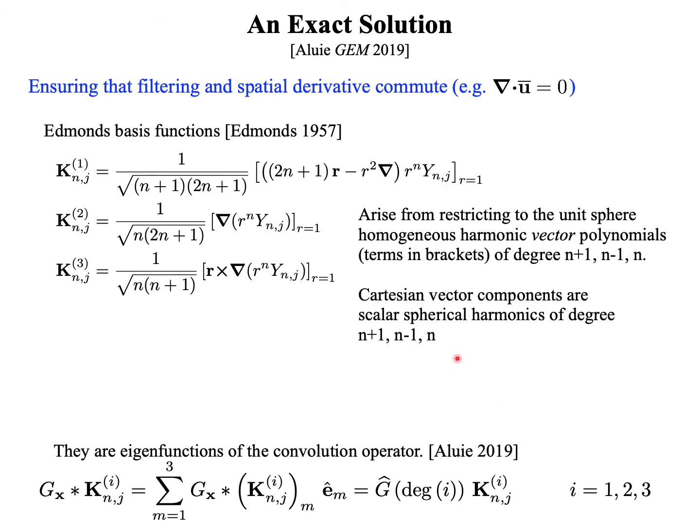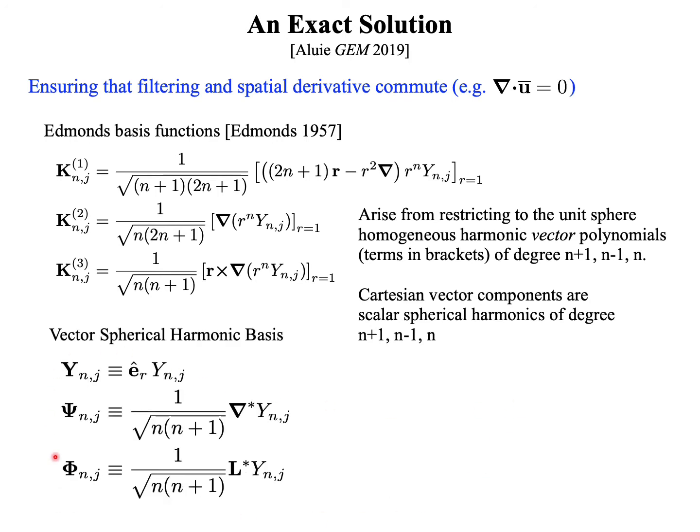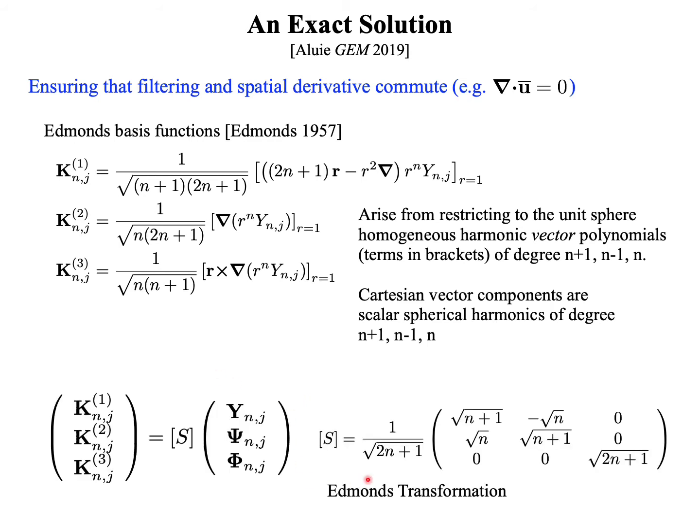What I found is that there's a special basis I call the Edmonds basis, and that basis is an eigenbasis for the convolution on the sphere. That's a very powerful property. It is related to the canonical vector spherical harmonic basis via what I call the Edmonds transformation. It's a simple transformation that one has to apply.